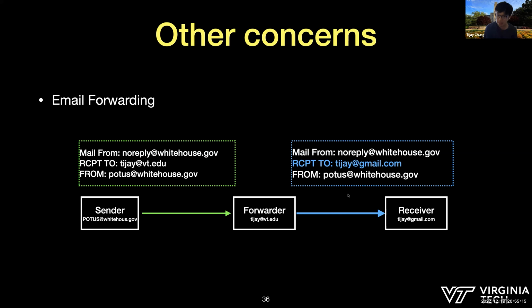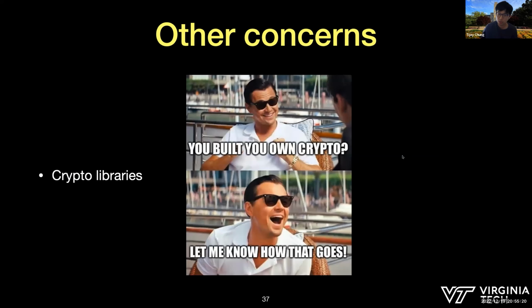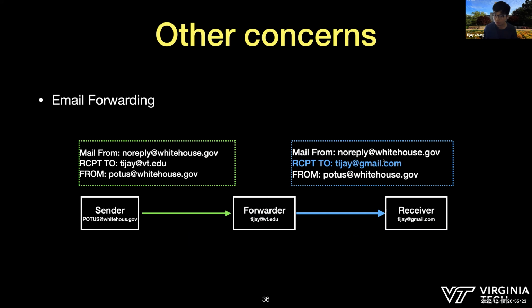In that case, the recipient will be changed, and also mail from has to be changed to TJ at vt.edu, because the sender email server is actually the forwarder, Virginia Tech. In that case, mail from will be different, right? It will not match the from email address, which can break the SPF check or DKIM records. If you are interested, please take a look at ARC and other protocols to solve this limitation. But it's advanced level, so let me skip it.